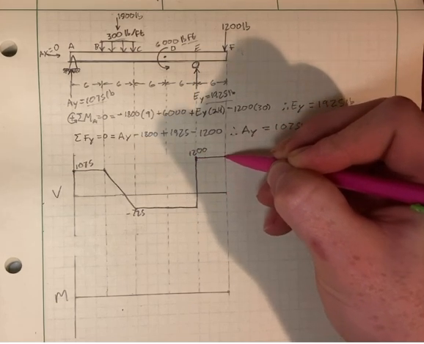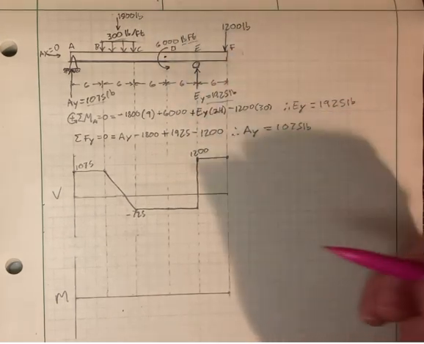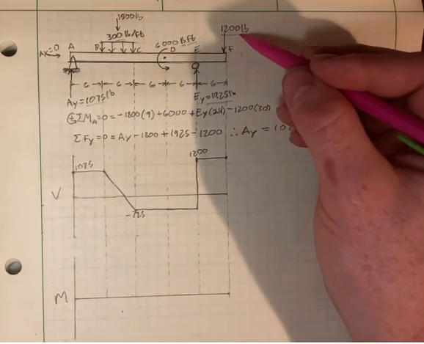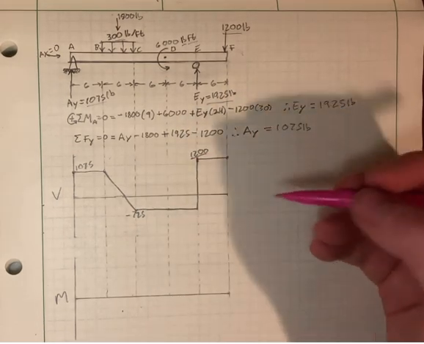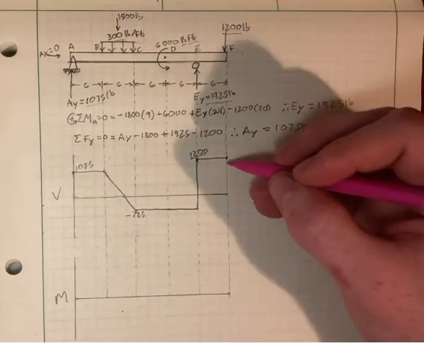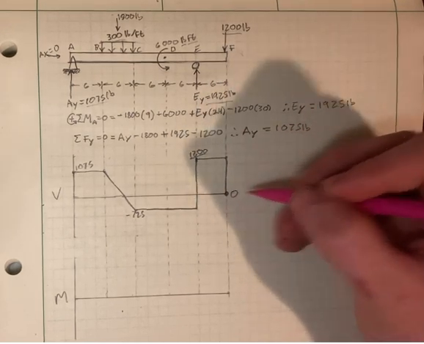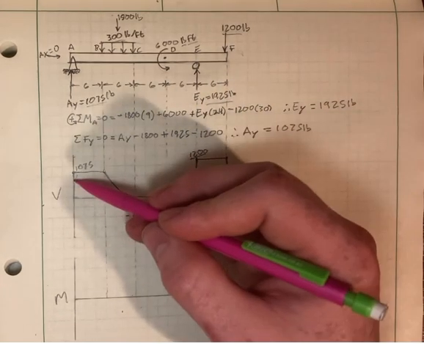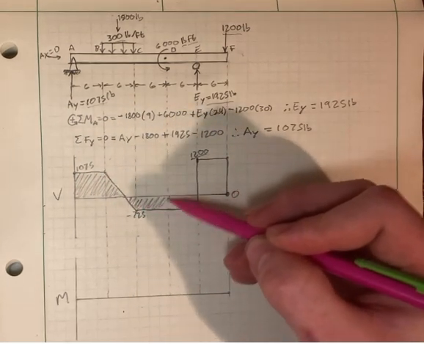Nothing happens until boom, we're here at our final force, our final point. And look at that. It's 1200 pounds. And where were we? 1200 pounds. So this is acting down. We're going to jump down 1200 and end back up at 0. Perfect. That's where we want to be. We ended up at 0, so we know we did it right.